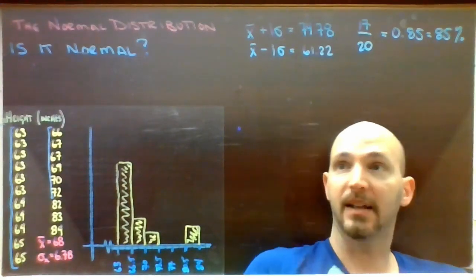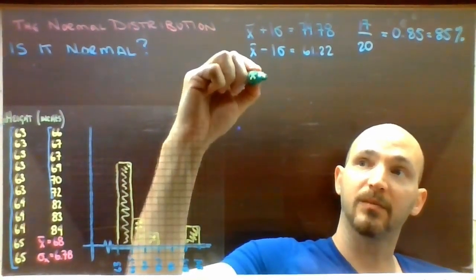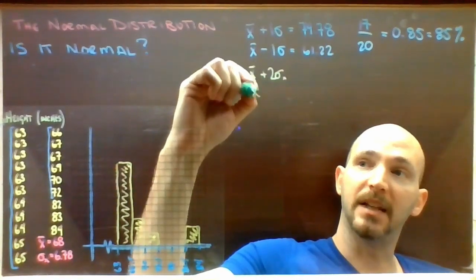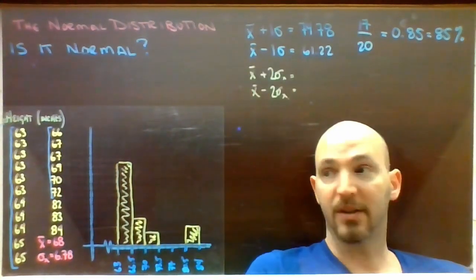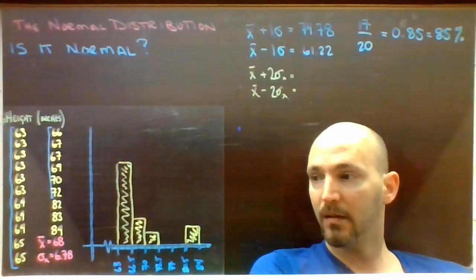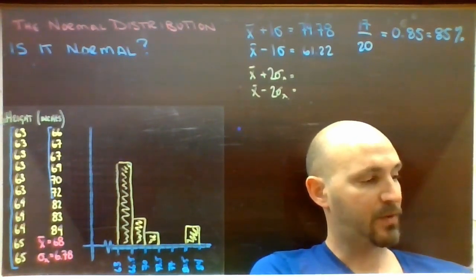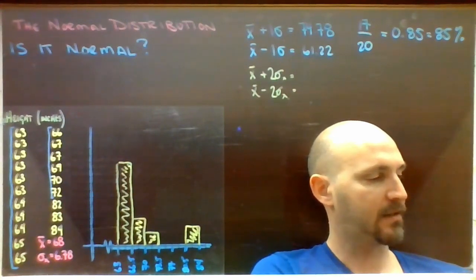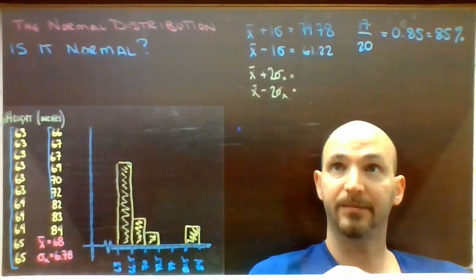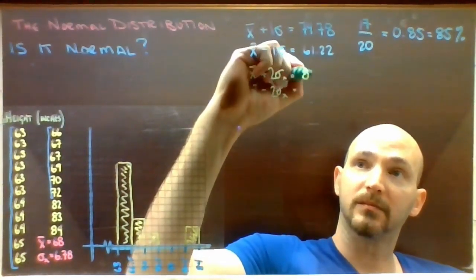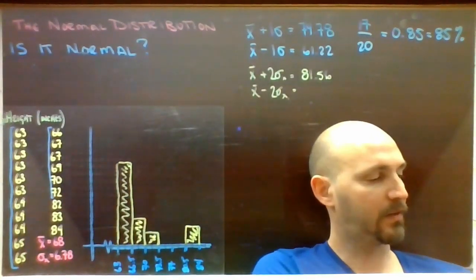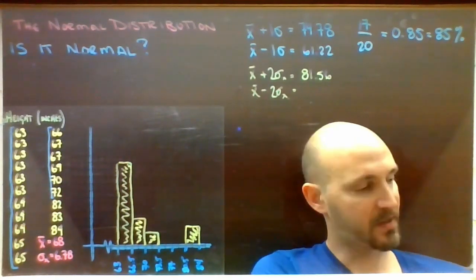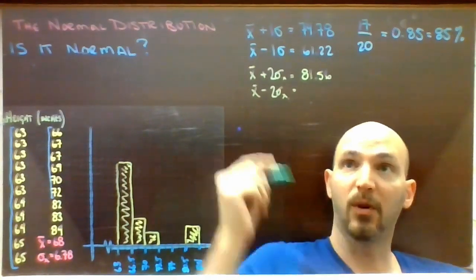Second question you were supposed to check is how many are within 2 standard deviations above and how many are below by 2 standard deviations. So if I were to test that, 68 plus 2 times 6.78 is 81.56. And if I go down 2 standard deviations, 68 minus 2 times 6.78, I get 54.44.